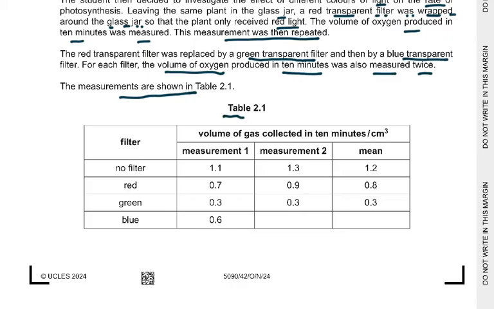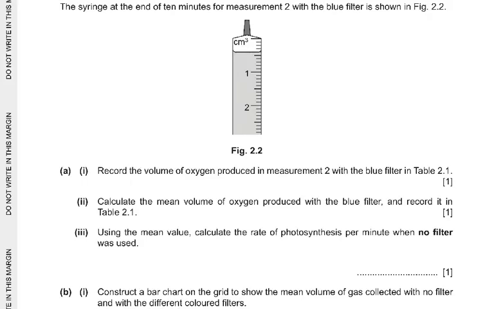Now, what do we see in table 2.1? We see filter: no filter, measurement 1 is 1.1, measurement 2 is 1.3, and mean 1.2; red 0.7, 0.9, and 0.8; green 0.3, 0.3, and 0.3; blue 0.6, and nothing, nothing. The syringe at the end of 10 minutes of measurement 2 with a blue filter is shown in figure 2.2.